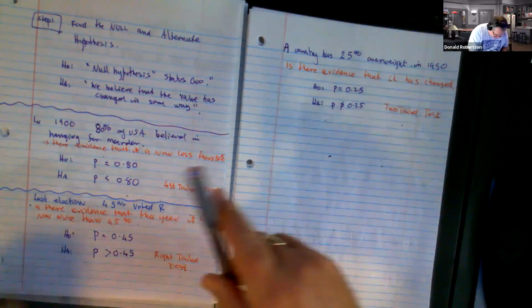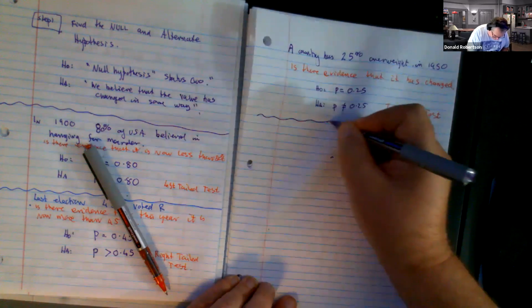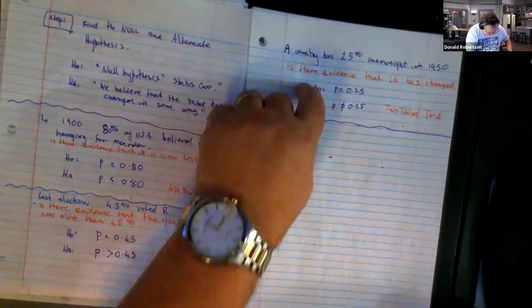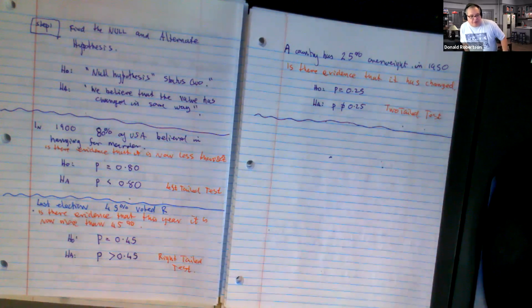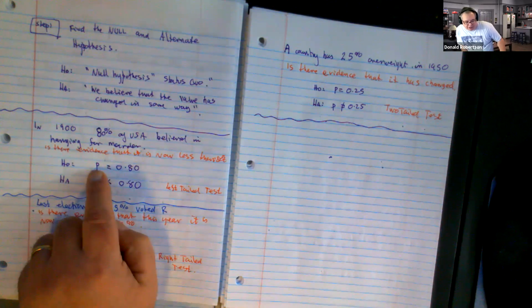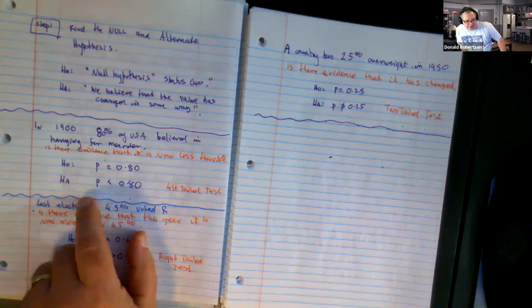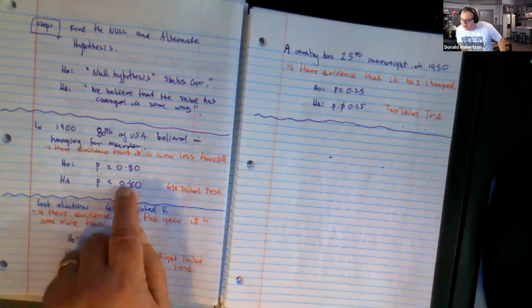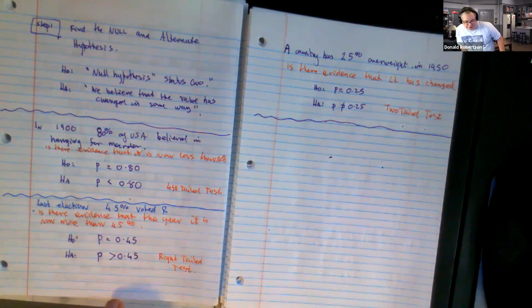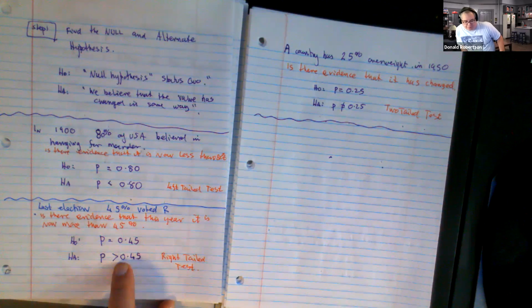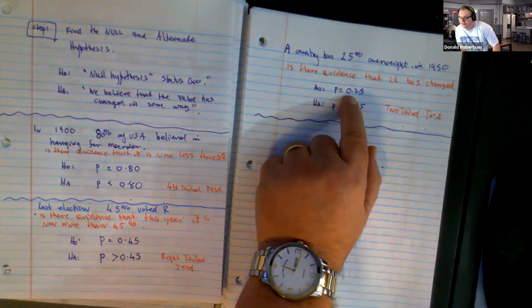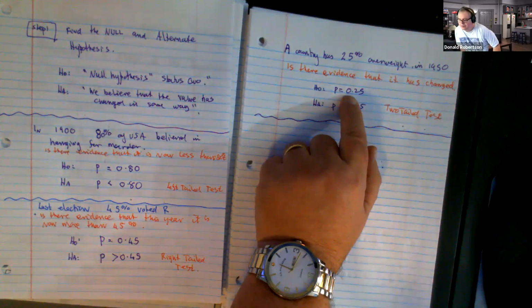So one of those three situations is going to happen in any hypothesis test involving a single proportion, right? You're either going to get a null hypothesis, P equals a number, and the alternative is it's changed because it's now less, or that it's equal to 45 is the null hypothesis, or it has changed, but now it became more, or it's still equal to 0.25, right?